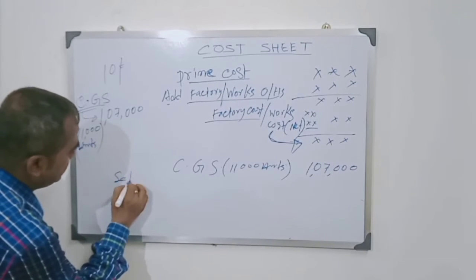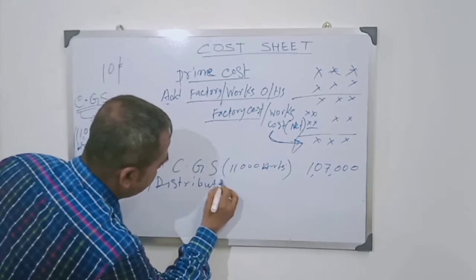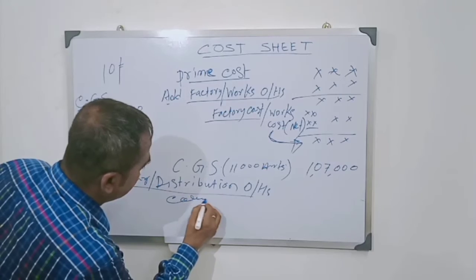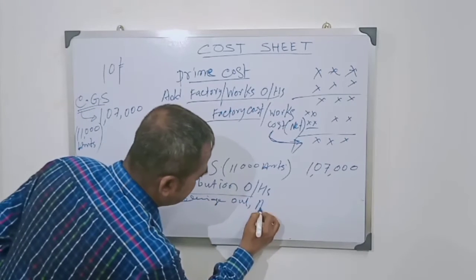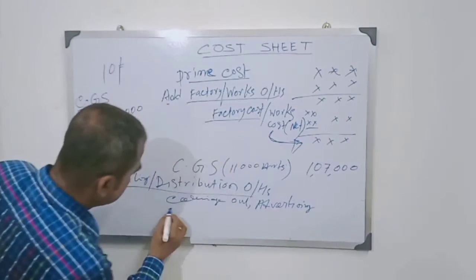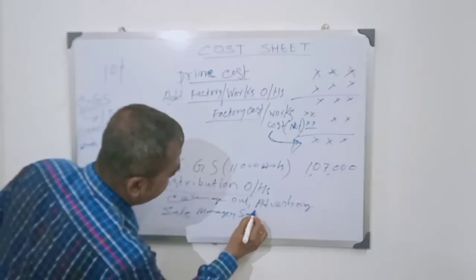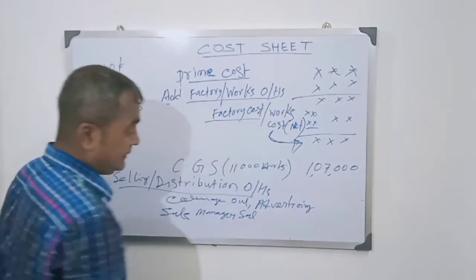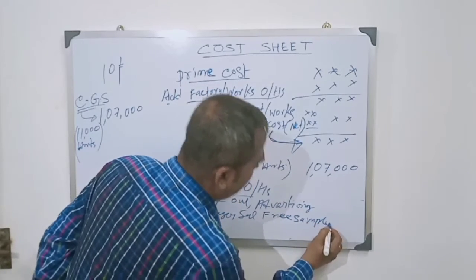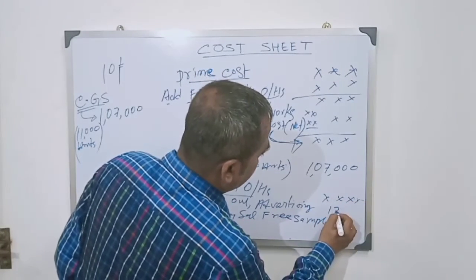Now here will be selling and distribution overheads accumulating, like carriage outward, advertising, sales manager salary, then pre-sample cost, commissions, all to be accumulated together, say 13,000.